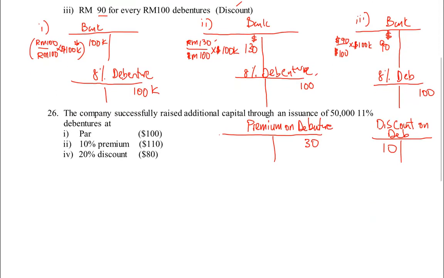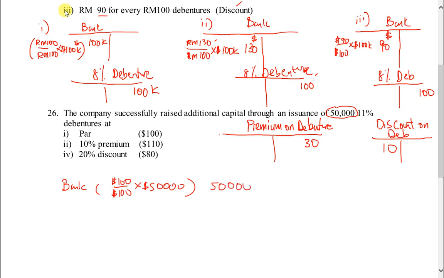Okay, try number 26. Issue at par. Debit bank, because they want to borrow 50,000, exactly 50,000, credit 11% debenture.